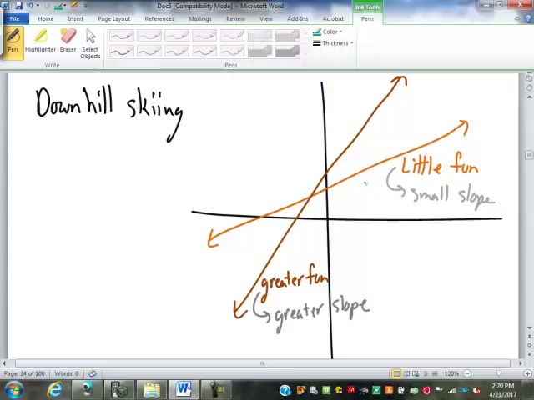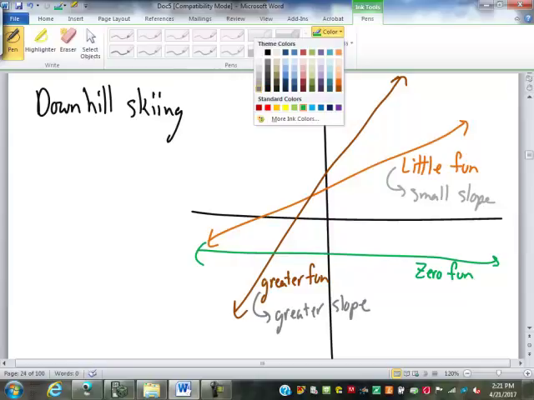If I am on a hill that looks like this, is that much fun? No, that is no fun. In fact, I'm going to define it like this. That is 0 fun. So that has 0 slope.